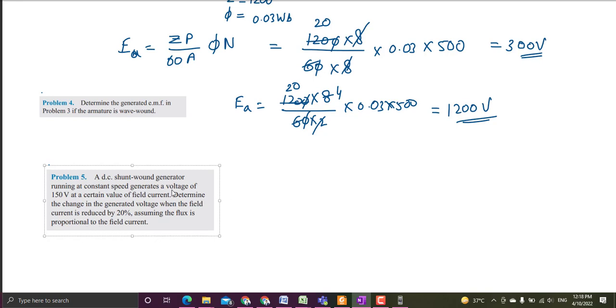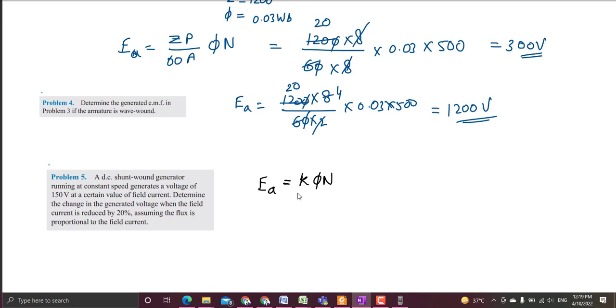In this question, the generator is the same, so the parameters are constant. I can write the generated voltage EA equals K into phi into N, because the Z, the number of poles, and the parallel paths will not change.